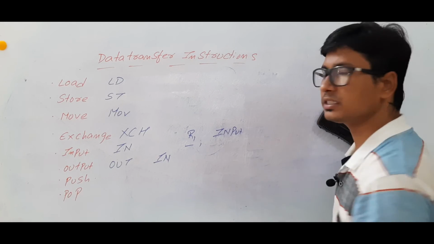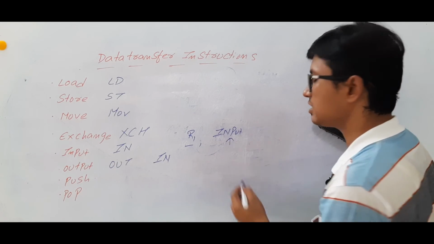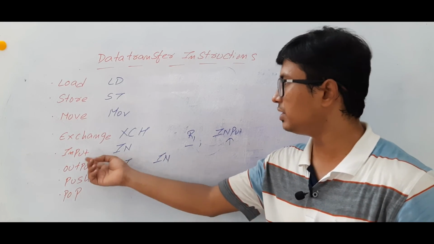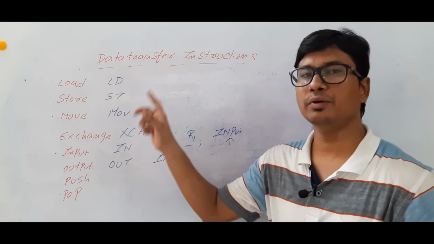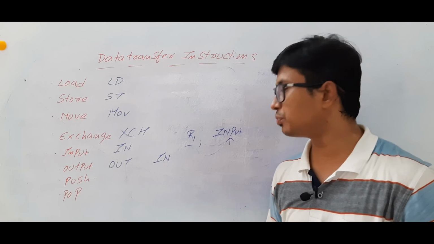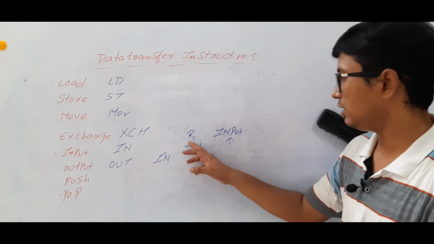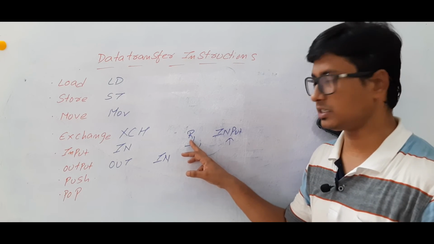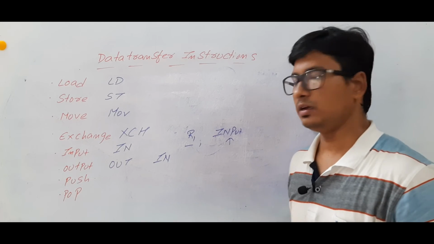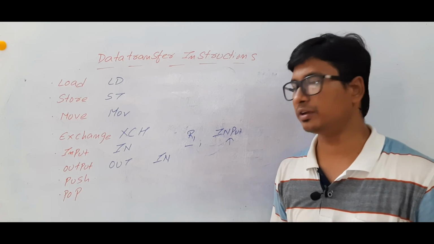Are you able to understand? The address location which is there in the input device. Okay, so which is similar to the load, but in the load you have the main memory and here you are giving the address of any input device. So your destination is some register or some operand and source is your address of any input device.